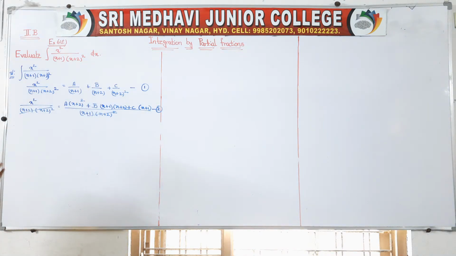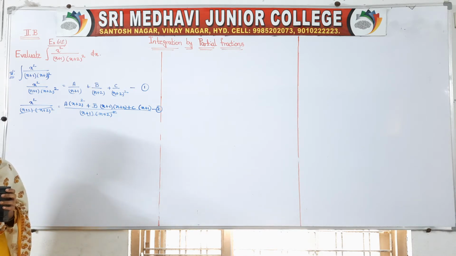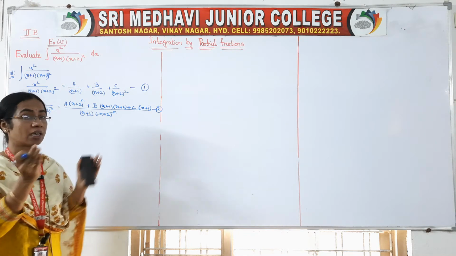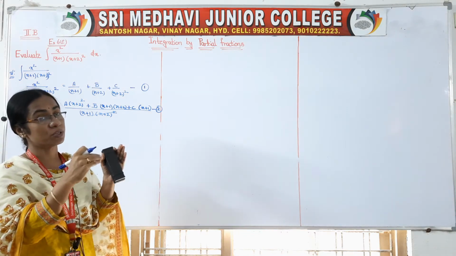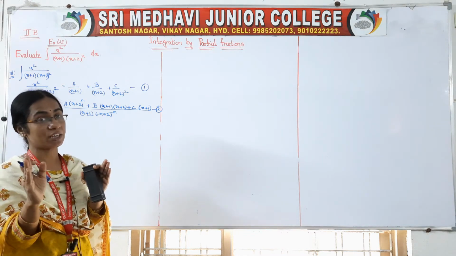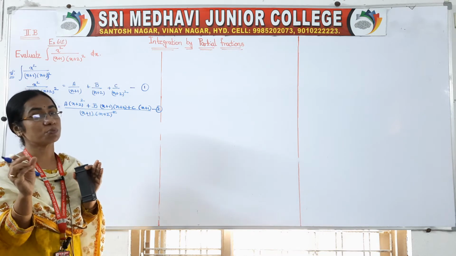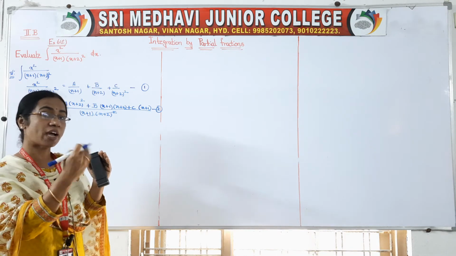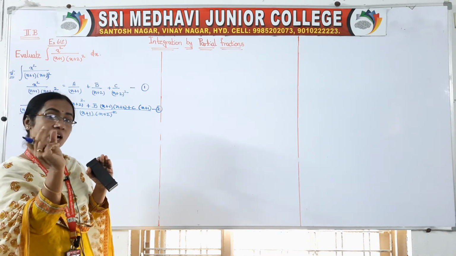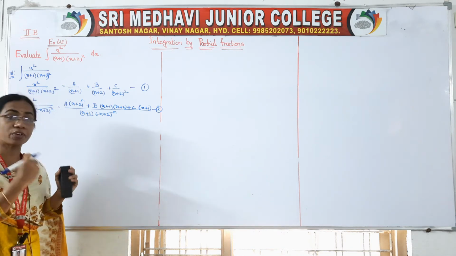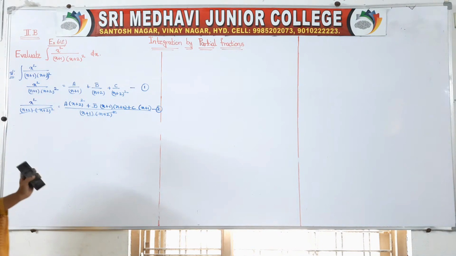Now from this second equation, try to get your A, B, C values by substituting a suitable x value. We have to find three values. If we substitute any x value, two values will get cancelled and we will get the third value. Like that we have to select our x value.